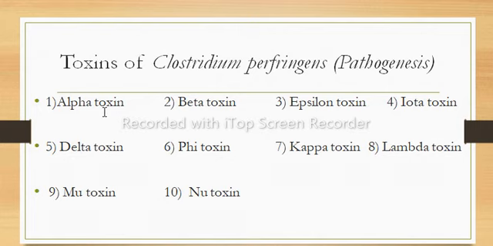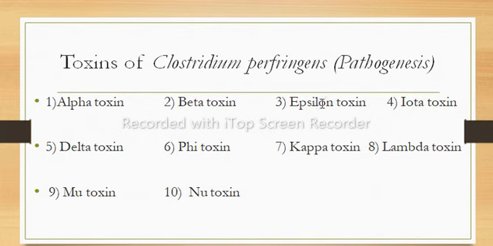Number one is alpha toxin, which is lethal, lecithinase, necrotizing, hemolytic and cardiotoxic. Beta toxin is lethal and necrotizing. Epsilon toxin is lethal and a permease.